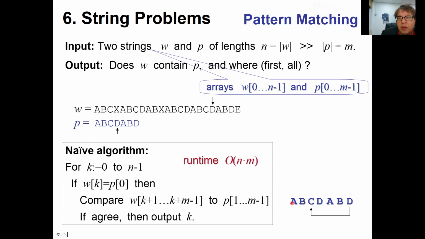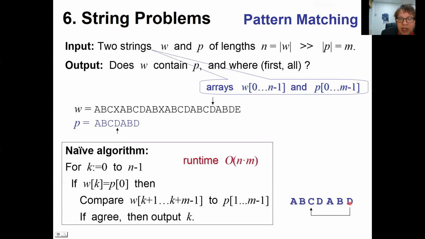And suppose that when matching the pattern, there was a partial agreement up to this AB, and then there's a disagreement. Then intuitively we know that AB occurs in the pattern string here. And then we shouldn't reset and start again in the pattern string at this AB.